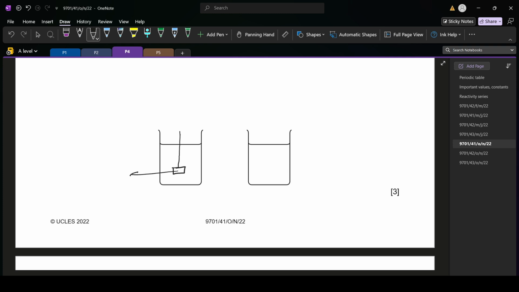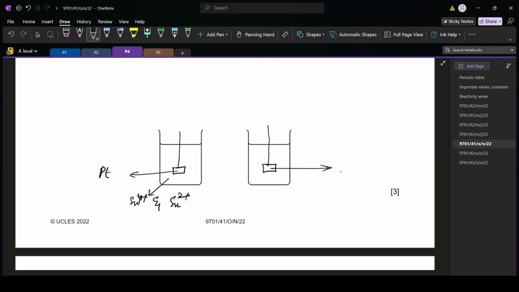So this is platinum, and you have in solution ions of tin 4 plus and tin 2 plus. Now this is going to be the hydrogen half cell.